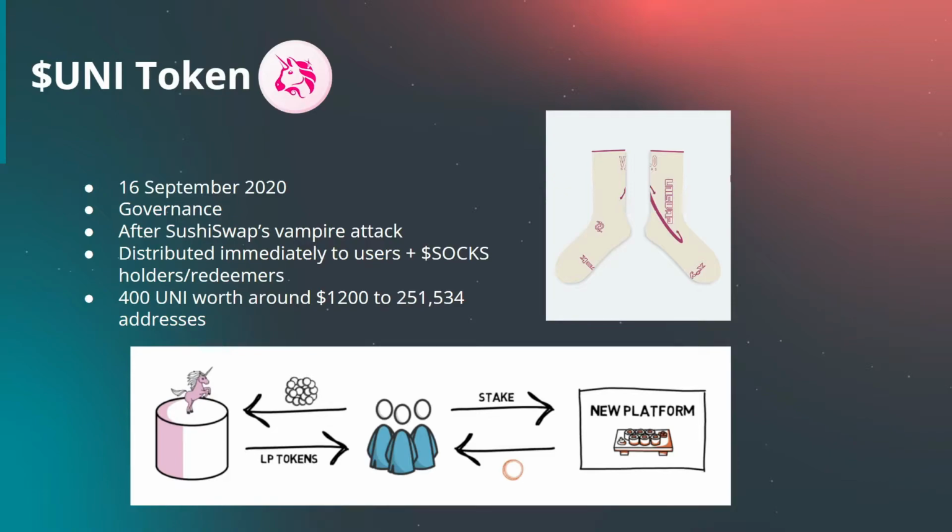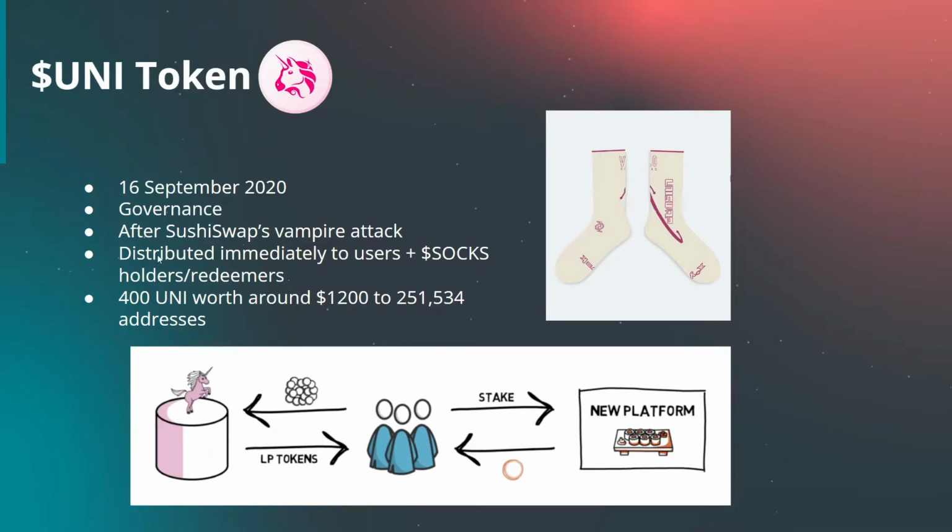The other is SushiSwap's vampire attack, which made Uniswap lose a lot of total value locked and liquidity, because SushiSwap just forked Uniswap v2 and added an incentive mechanism of sushi tokens, which led users to move their liquidity tokens to SushiSwap.